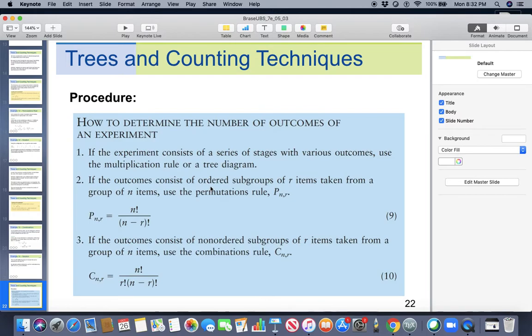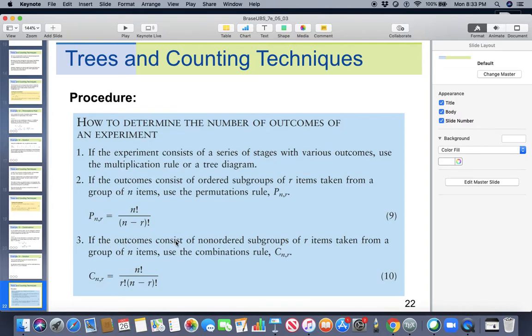If the outcomes consist of ordered subgroups, so you want to choose r things in order, use the permutation rule. So for ordered subgroups of r items taken from a group of n items, use the permutation rule P(n,r). The P(n,r) formula is n factorial over n minus r factorial.